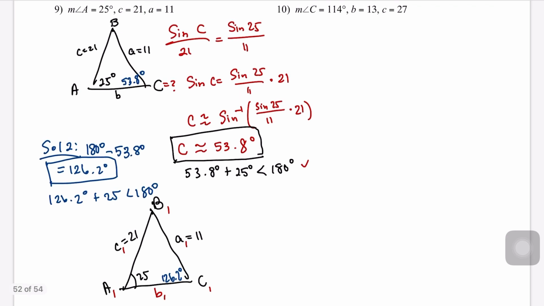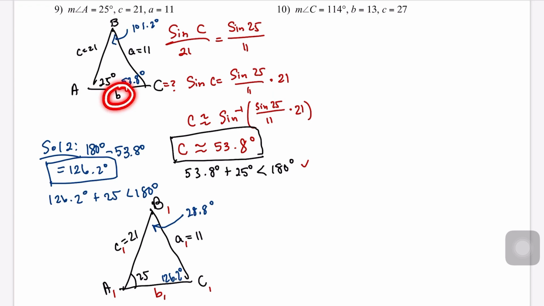And in our case, we should probably end up with 101.2 degrees. Okay, and for this bottom one, we should end up with 28.8 degrees. So again, once you have two angles, you can just add those angles and subtract from 180 to get the third angle. So we're done with the angles actually.